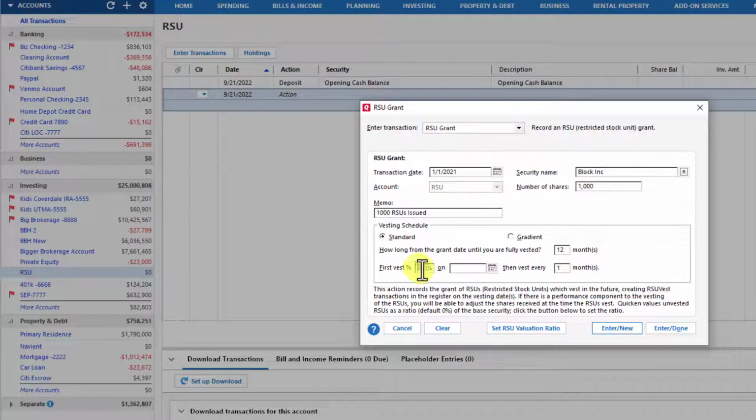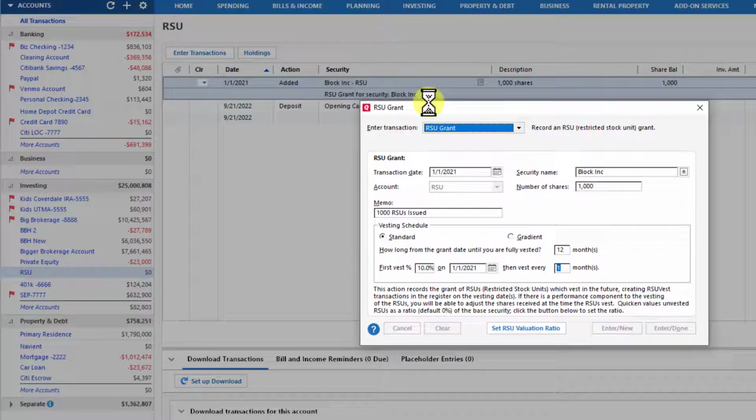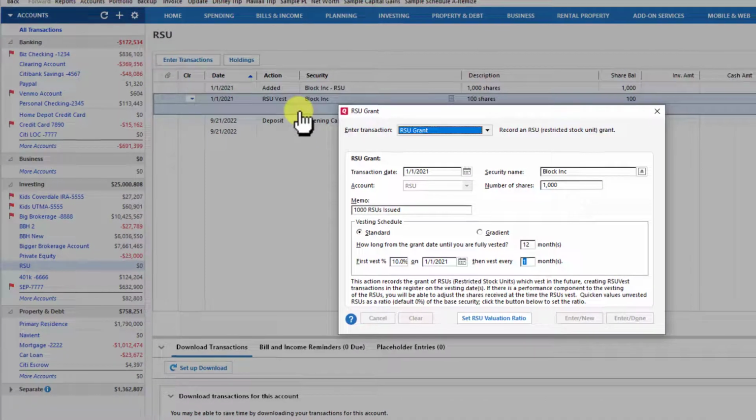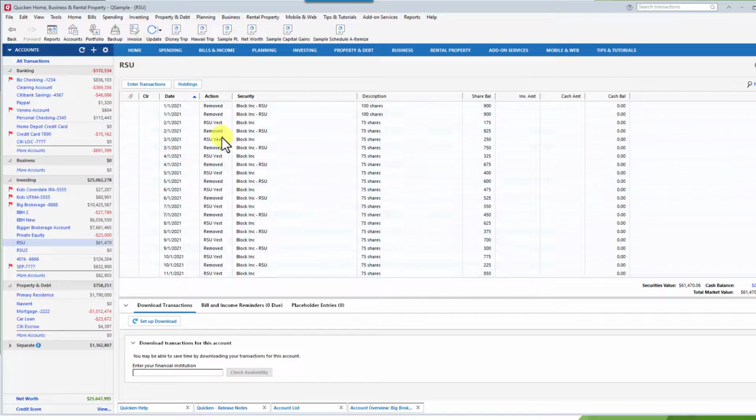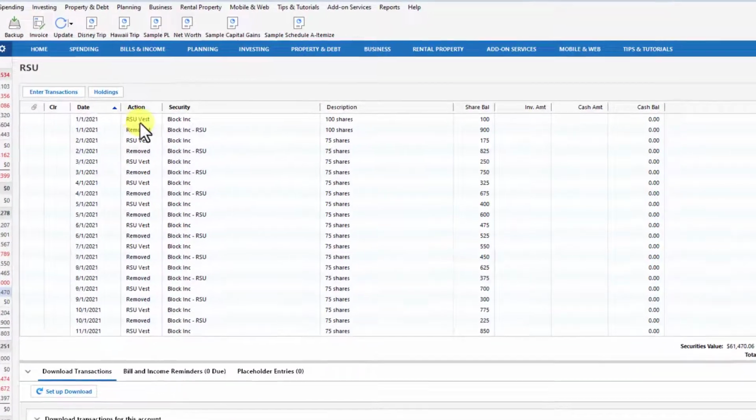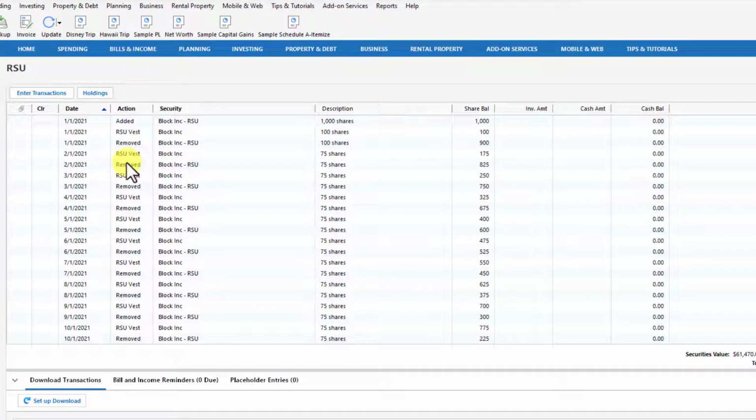And that's a little frustration there. We just lost our 10%. And now we'll go into January 1st, 2021 and every month. So now we're going to hit enter and done. And as you can see in the register, there's a bunch of things populated, RSU vest and then removal.